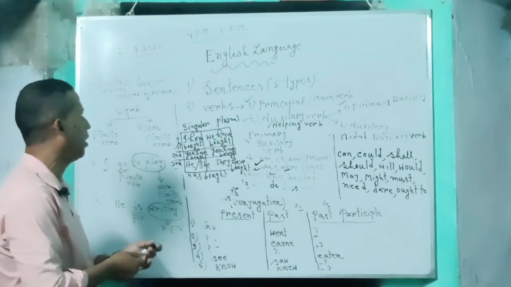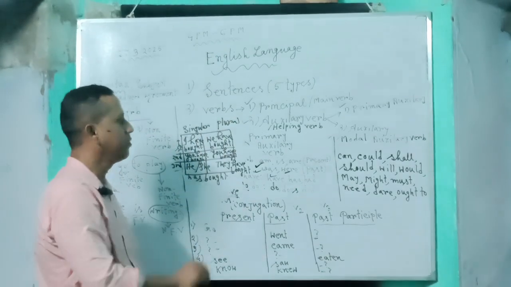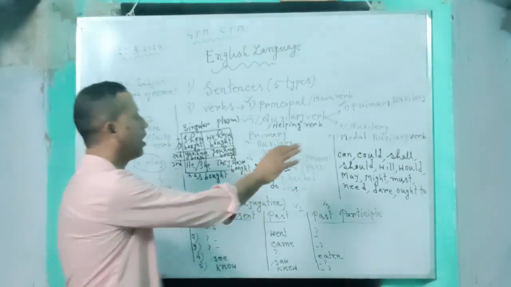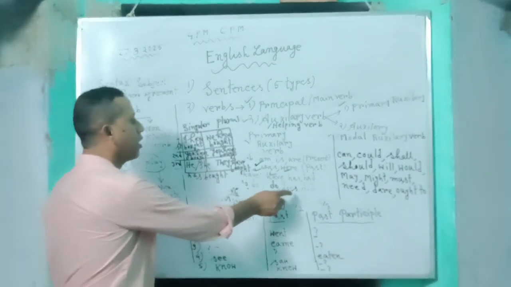Okay, this is the verb. Today's class is the principal verb and the auxiliary verbs, and the primary auxiliary verbs do, does, did.